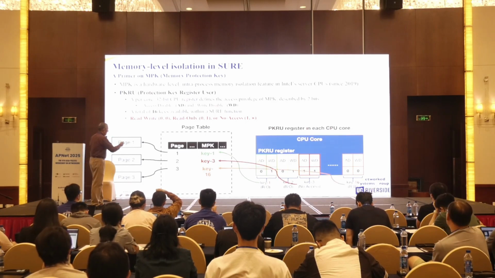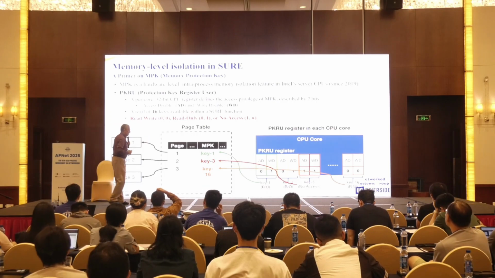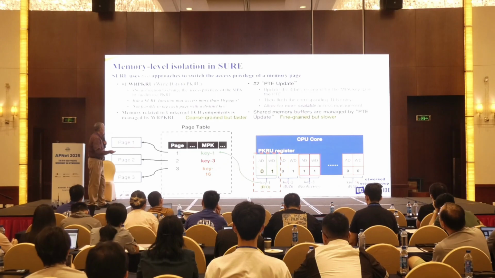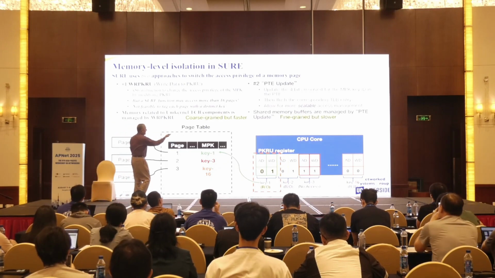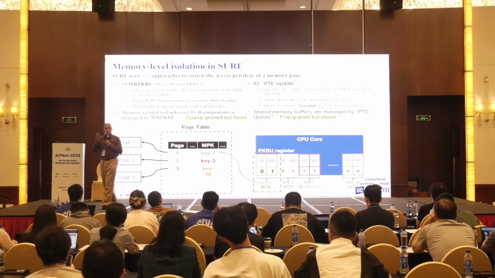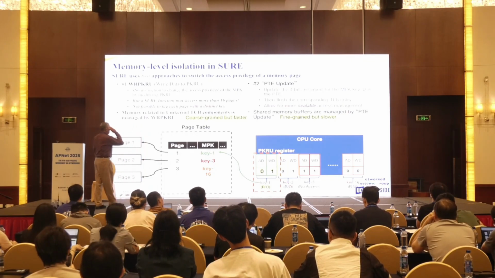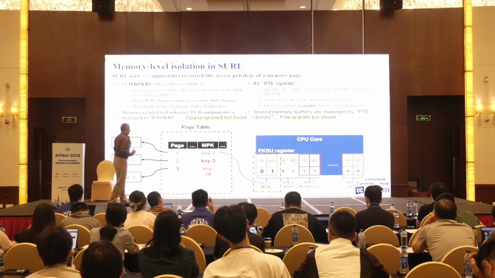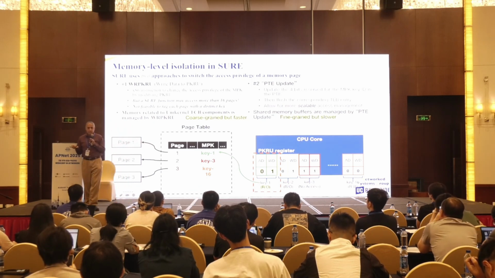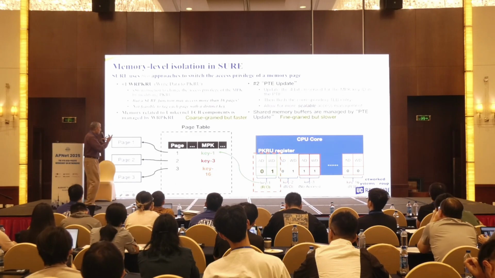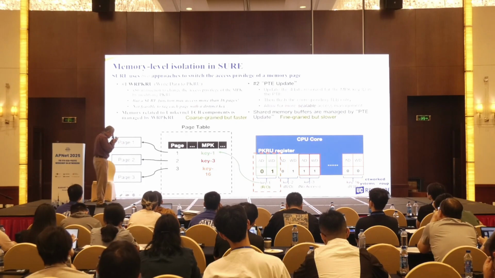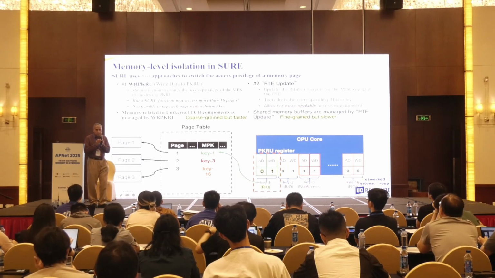Okay? So you can have different page table entries point to different keys, and if you want to change access, what you end up doing is potentially directly writing to that PKRU register. So the simple thing would be to say, well, I will update the PKRU register, but then there are only 16 keys, and that's not enough. But we actually are careful in how we use MPK. We split it in two very carefully thought out ways.